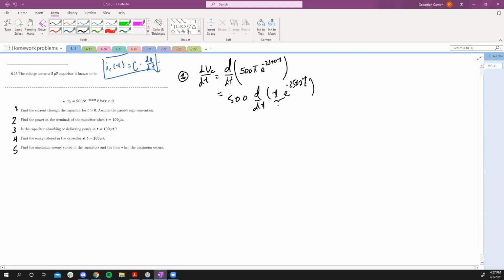For those who don't remember the product rule, consider this u and this v. The product rule says u times dv/dt plus v times du/dt. So I'm going to do that.